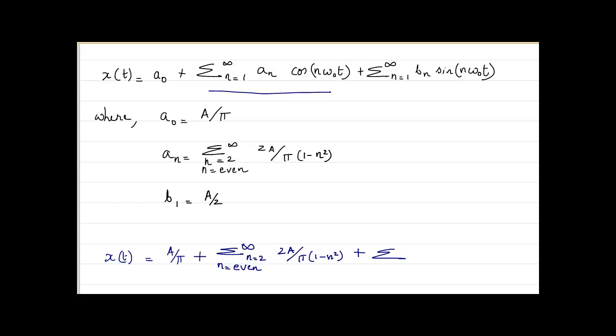Only one value is there, which is b1, so I will get a by 2 into, now omega naught is already 1, and since only n is equal to 1, what remains is sine t. And this is basically the Fourier series representation of the half-wave rectified waveform.